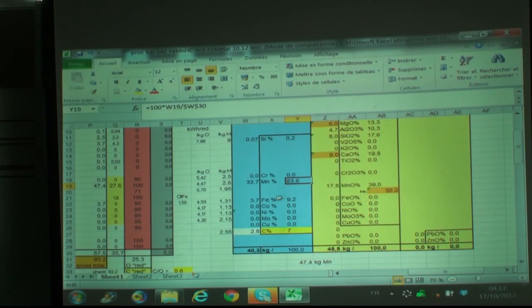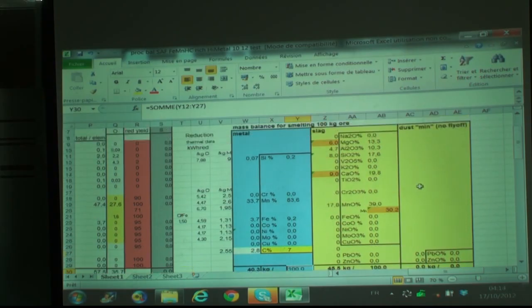Understand? For iron, the same. We divide by this times 100. And I check if the sum is 100%.